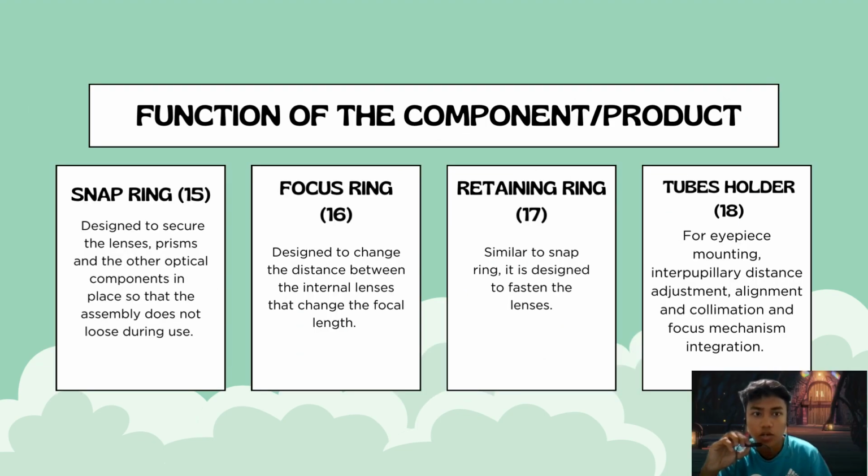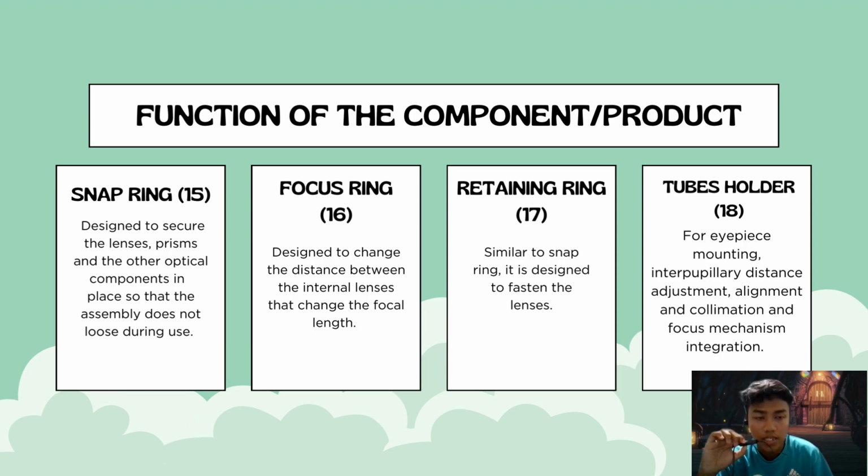Next, the function of the components. The components that we chose are on the previous page. First, the snap ring, designed to secure the lenses, prism, and other optical components in place so that the assembly does not come loose during use. Next is the focus ring, designed to change the distance between the internal lenses and change the focal length.